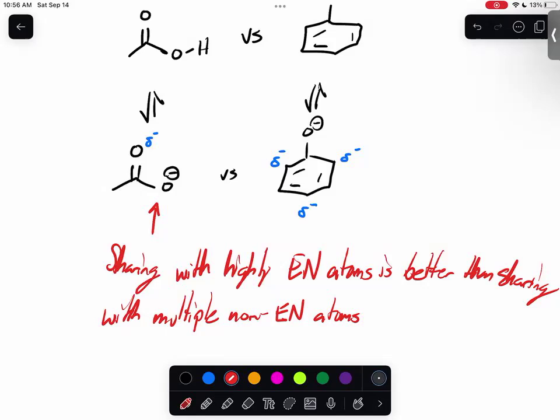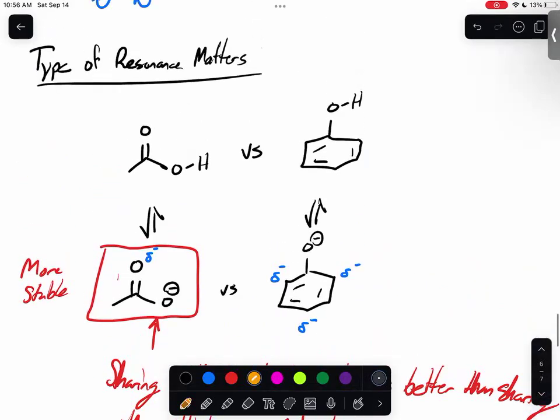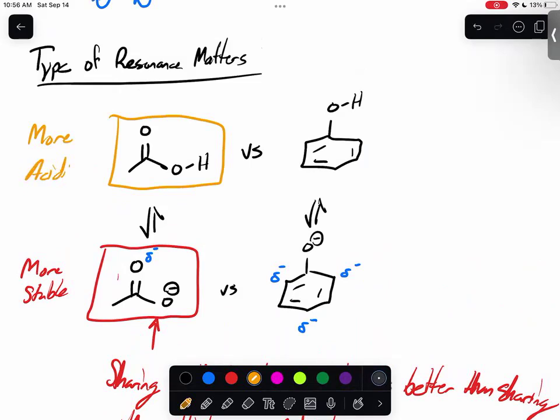So that tells us that this compound here on the left is more stable, which means that this right here is also more acidic. And funny enough, you all should have already known that this is indeed an acid because the functional group name is a carboxylic acid. It's very acidic because it can share the negative charge amongst those two oxygens.